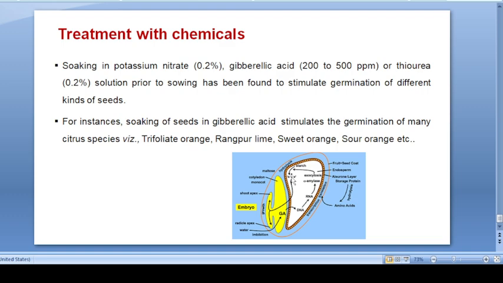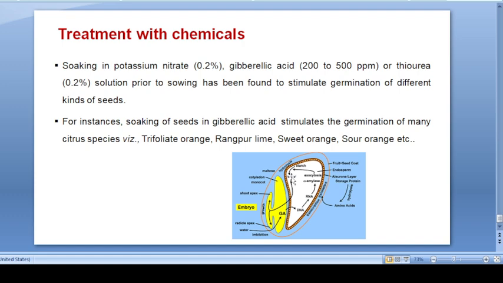Using potassium nitrate, we can use gibberellic acid, like 200 to 500 ppm, and also especially in the case of oranges or citrus group. So these are the different methods of breaking the dormancy. We can use stratification, scarification, or chemicals, or cold water, like water soaking. So these are the different methods of breaking the dormancy.